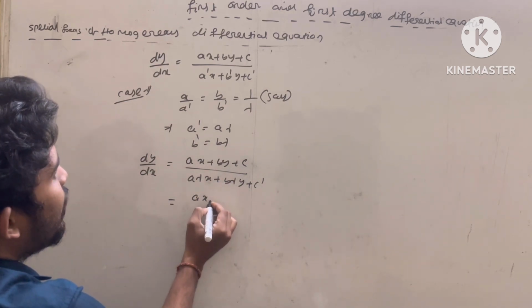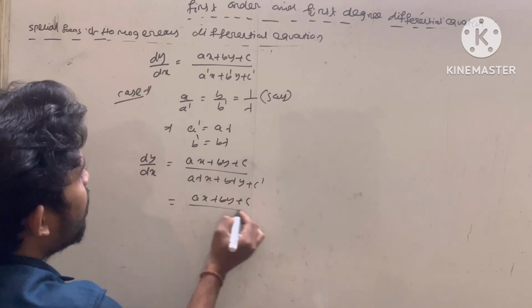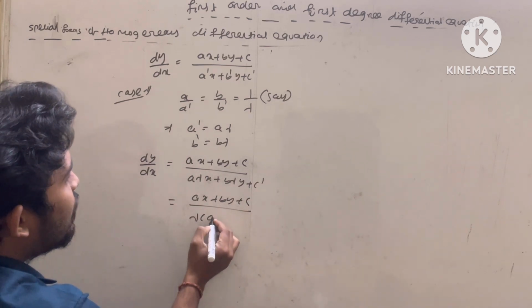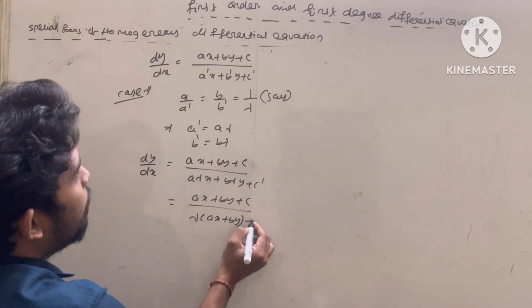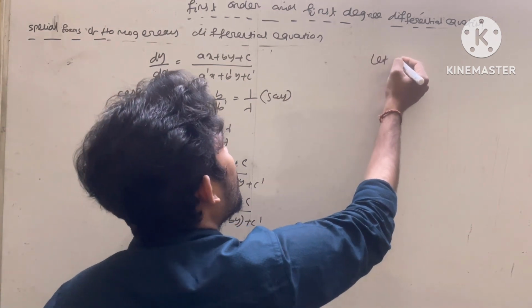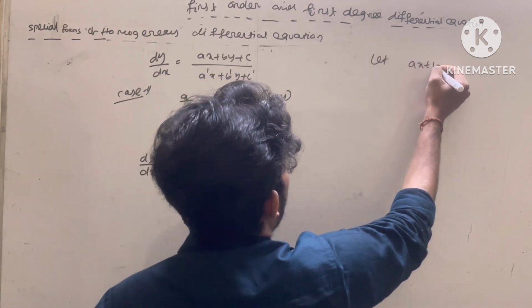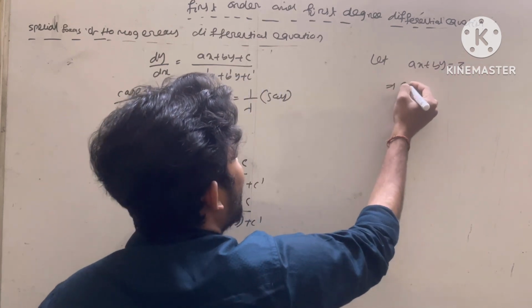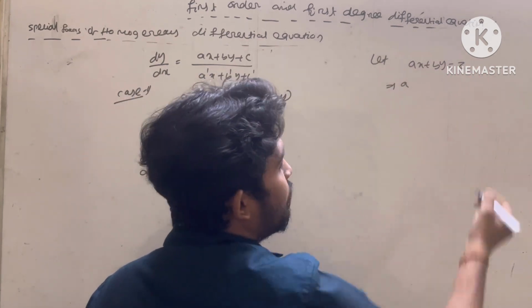Taking lambda common, this is (ax plus by plus c) divided by lambda times (ax plus by) plus c dash. After this, just put ax plus by equal to z.